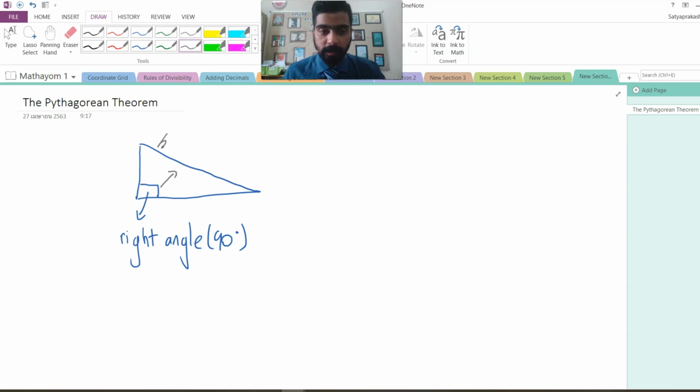In this case, this side would be our hypotenuse. And the other two smaller sides, we would call them the legs of the triangle. Keep in mind that the hypotenuse will always be the longest side of this right angle triangle.